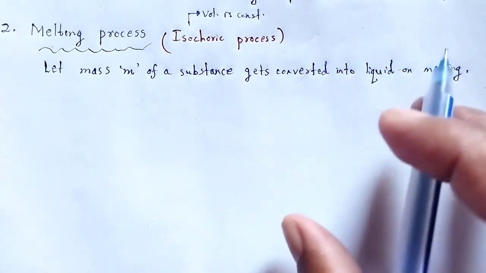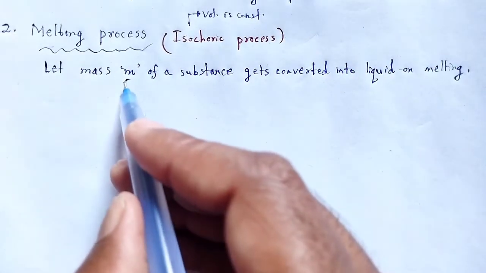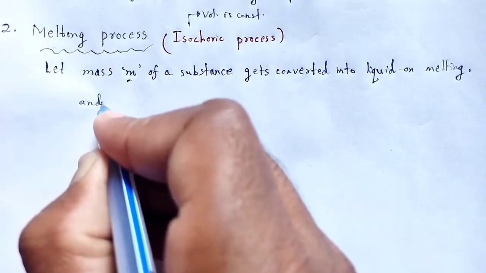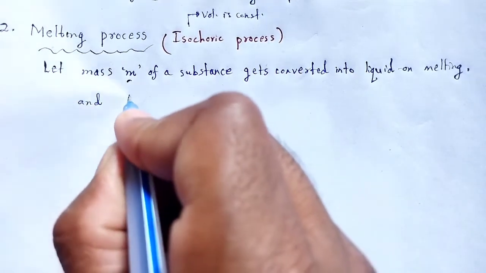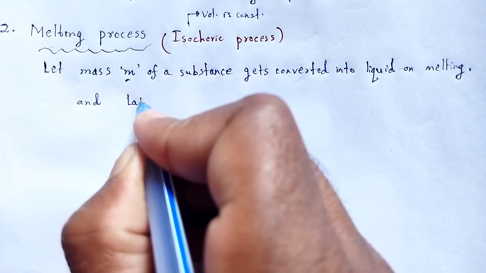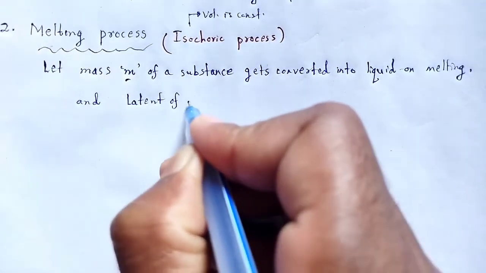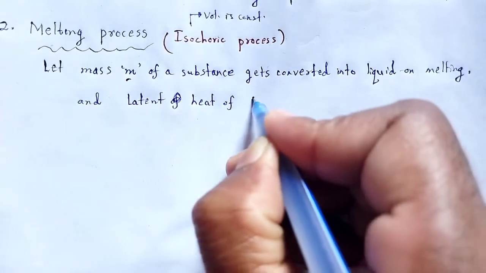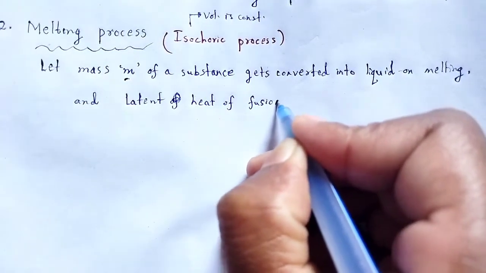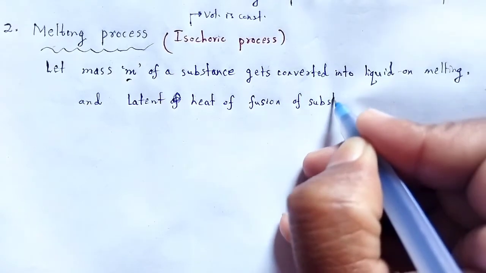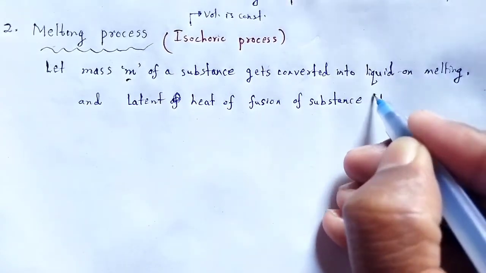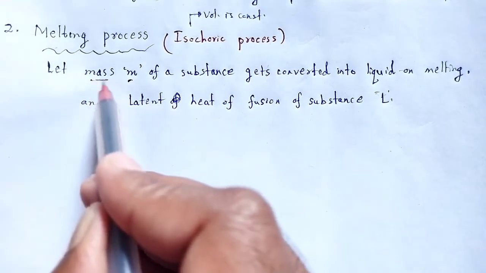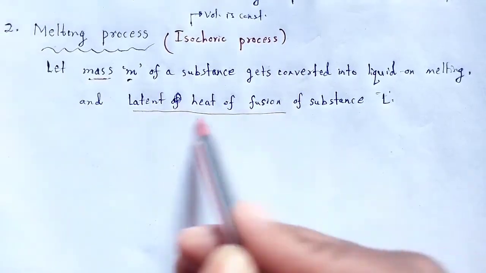The amount of substance which undergoes the melting process, that mass will be m, and let L be the latent heat of fusion of the substance. m is the mass of the substance and L be the latent heat of fusion of that substance.